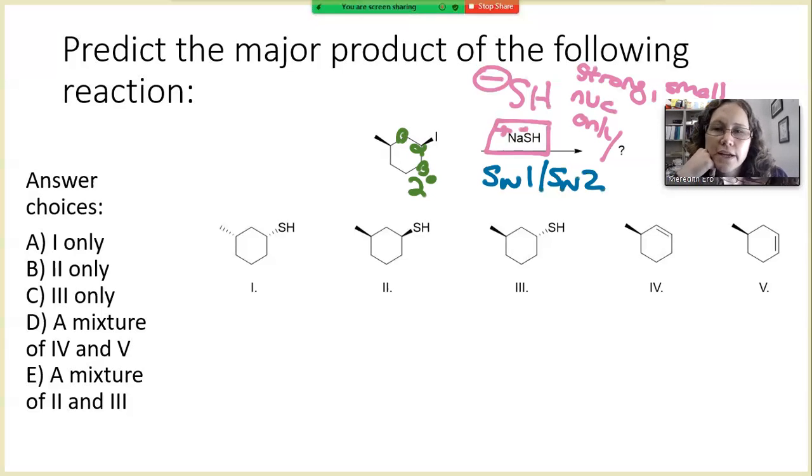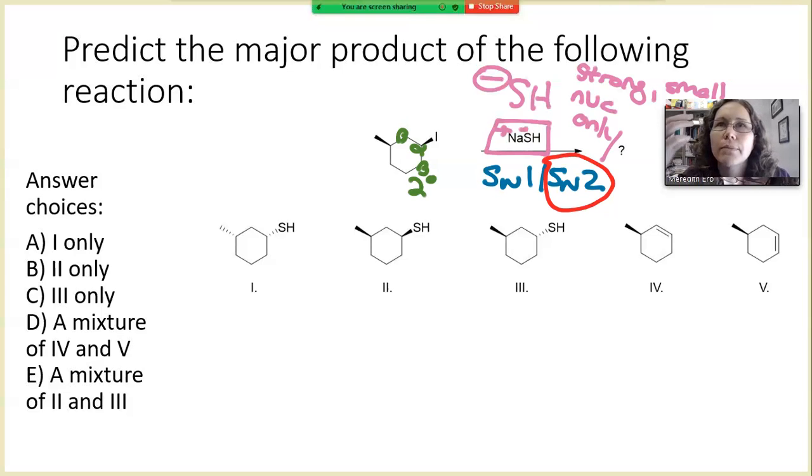So if we have a secondary substrate and a reagent that is a strong nucleophile only, that is going to tend to favor an SN2 process. Generally, when you have molecules that are strong nucleophiles, that'll help favor the bimolecular process. Secondary is a little bit sterically hindered for SN2, so it'll probably be slower than with a primary substrate, but it can happen.